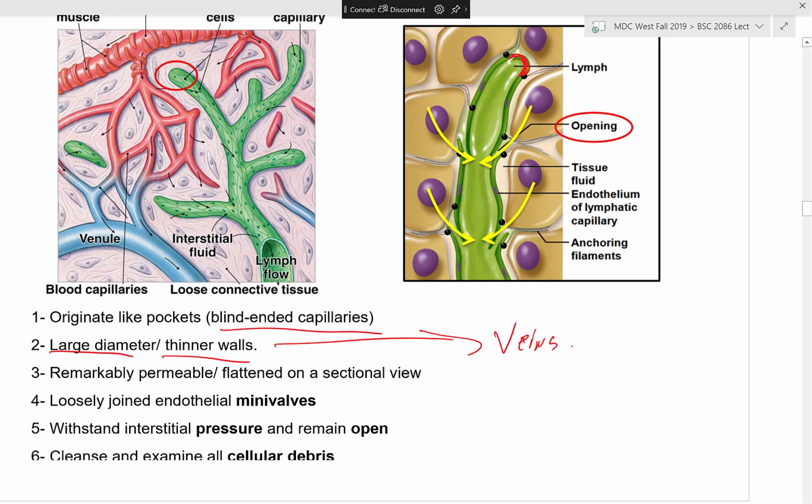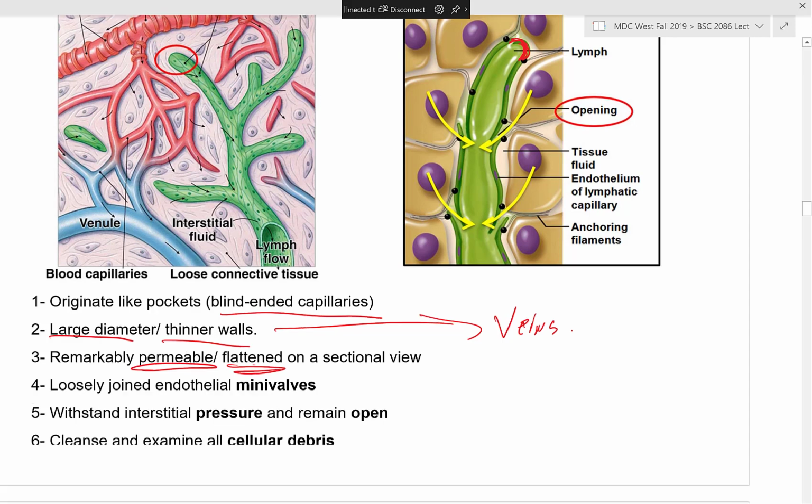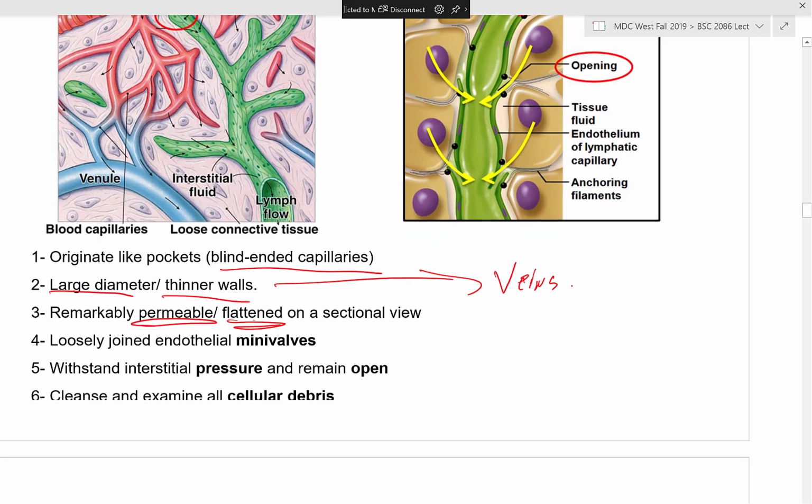They're remarkably permeable and they're flattened. All right? So permeable and flattened means that they have huge amounts of what? Sinusoids, right? Flattened because they're just flat.